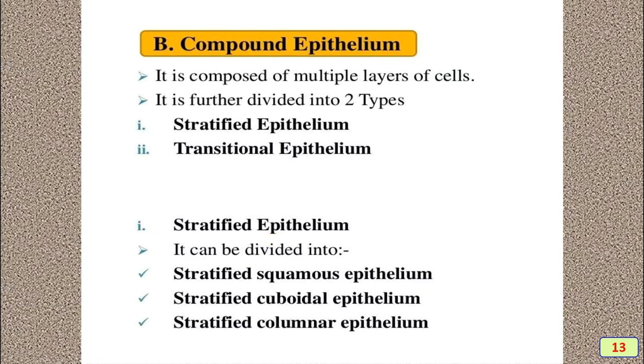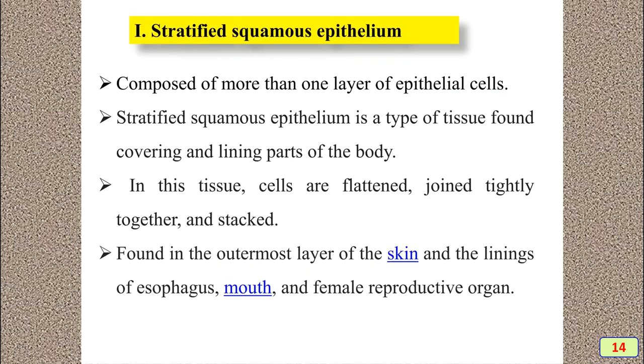So, stratified epithelial cells means these are composed of more than one layer of epithelial cells. Stratified squamous epithelium is a type of tissue found covering the lining parts of the body.